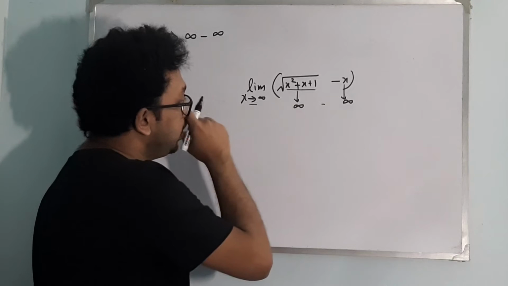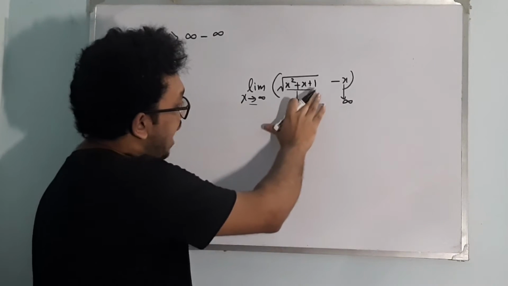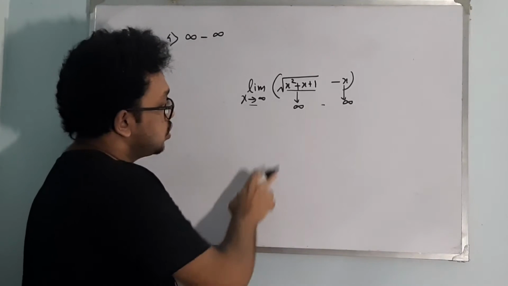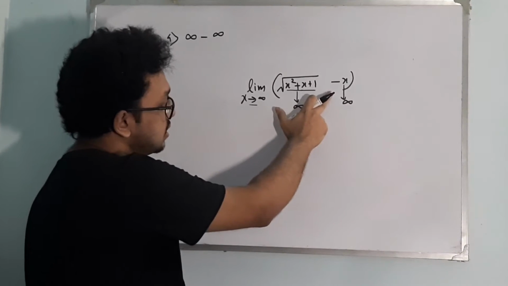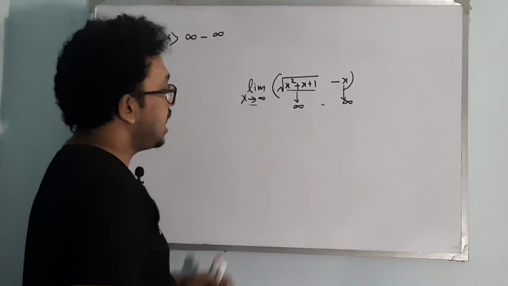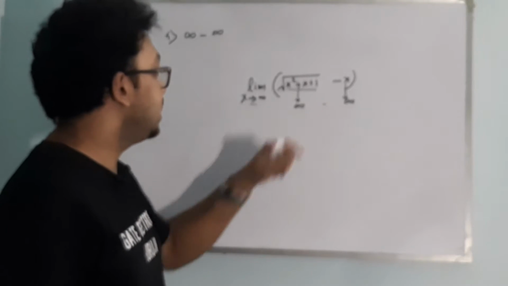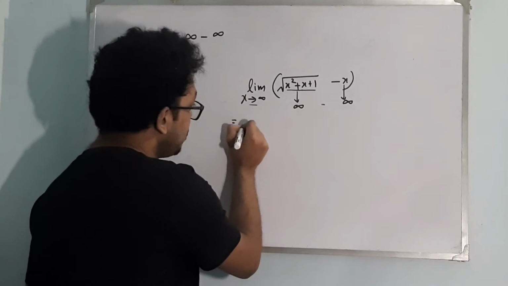So what we can do here is rationalize this. If we have square root of x square plus x plus 1 minus x and want to rationalize it, I have to multiply by the rationalizing factor.